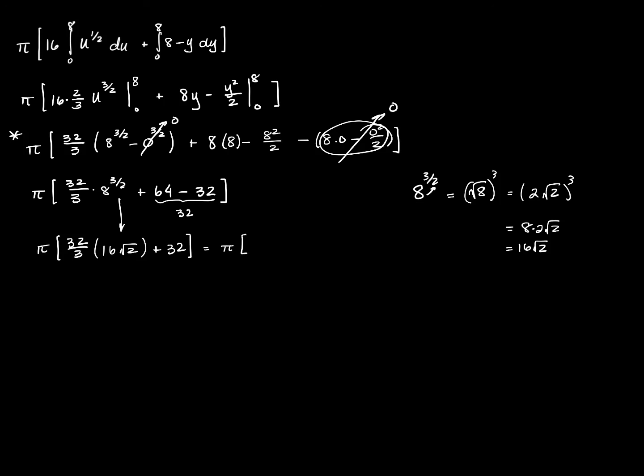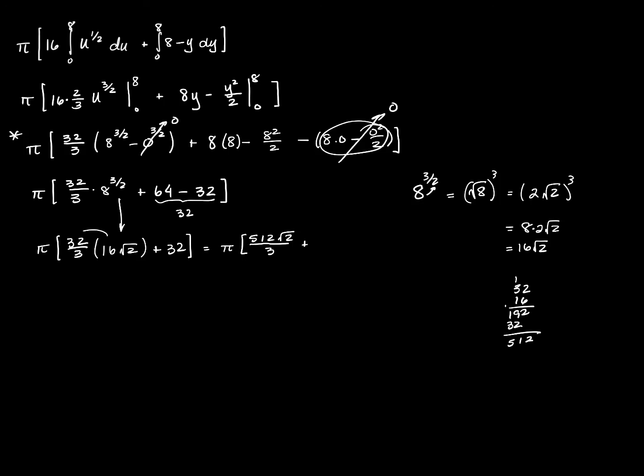This is pi, let's see, 32 times 16. So this is 16 times 32, which is 512. So I have 512 root 2 over 3 plus 32.